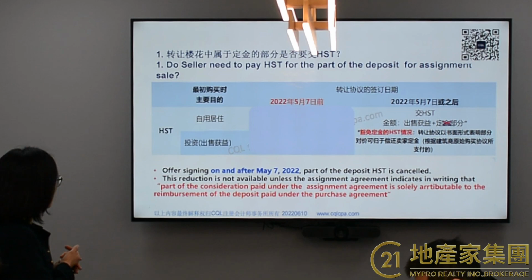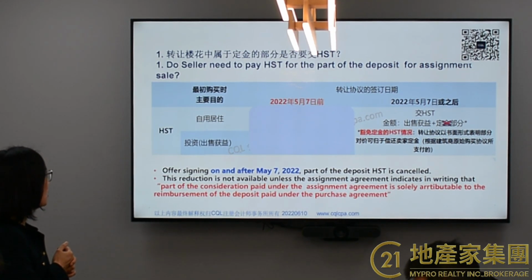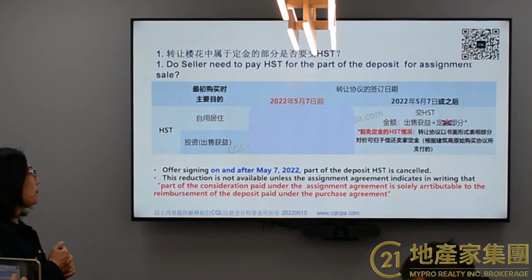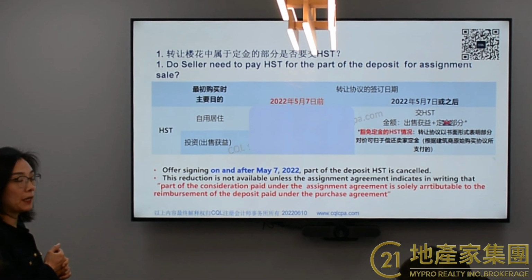But after the new rule was announced, any offer signed on or after May 7, 2022, the deposit part of the HST is canceled.